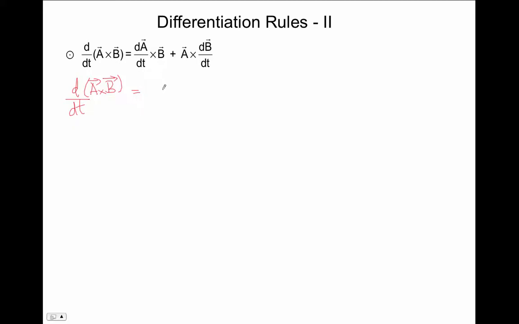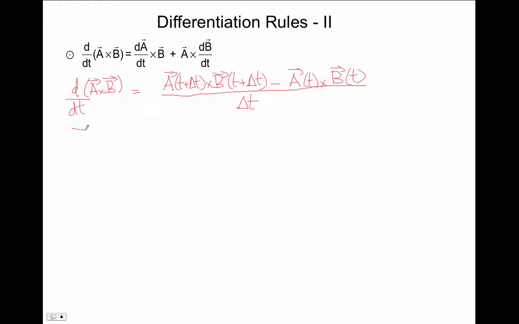Well, this is by definition a at t plus delta t cross b at t plus delta t minus a at t cross b at time t divided by the small time difference delta t.